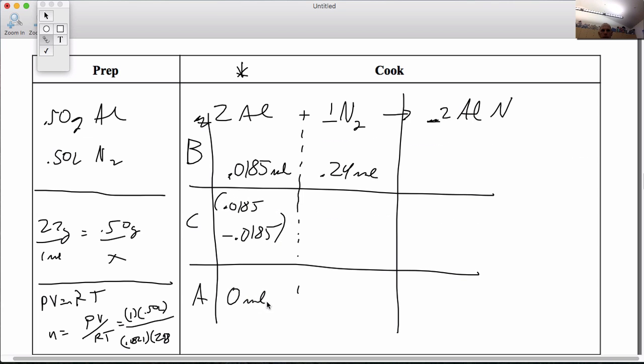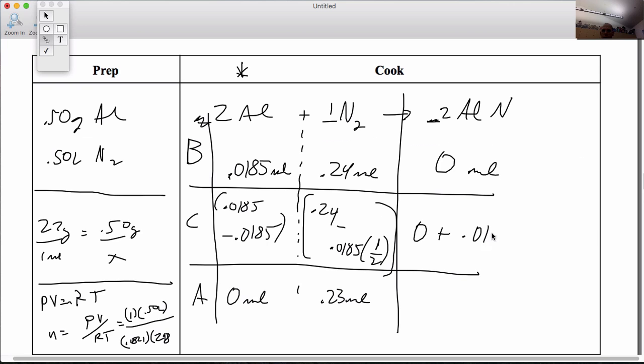So that's 0 moles. Okay. Here it's going to be 0.24 minus 0.0185 multiplied by 1 over 2. So it's going to be 0.23. This is going to be 0 moles. So 0 plus 0.0185 multiplied by 2 over 2.